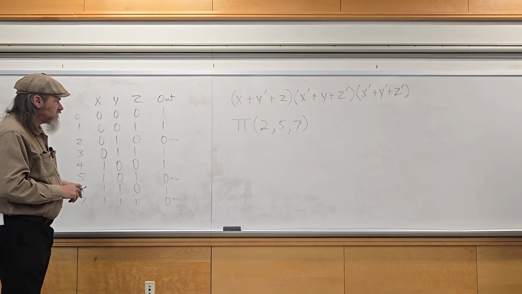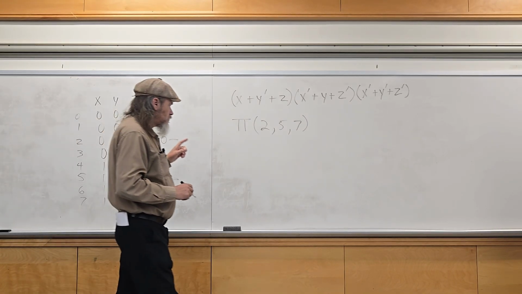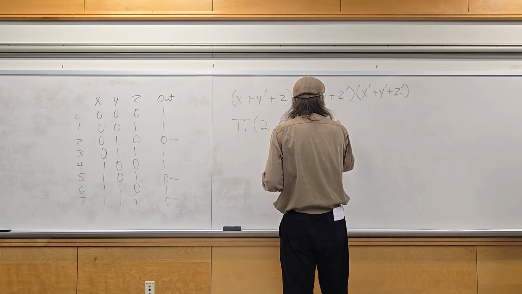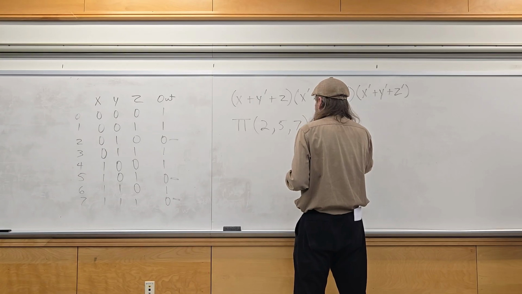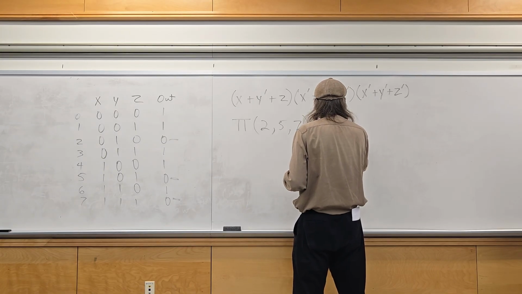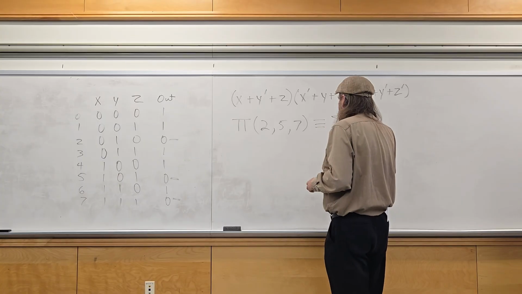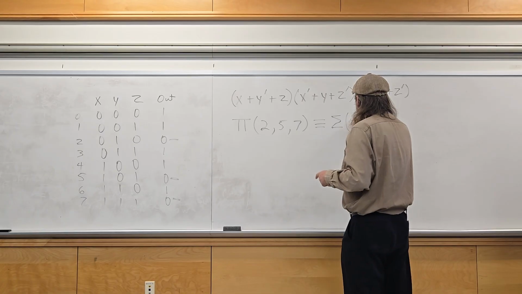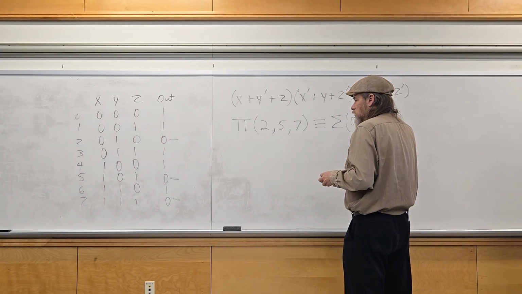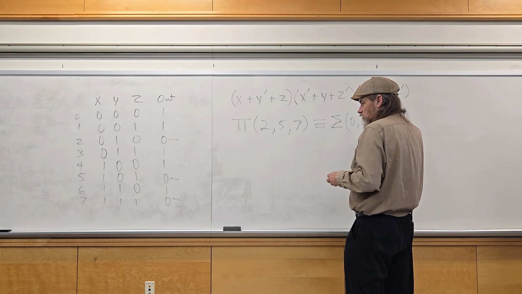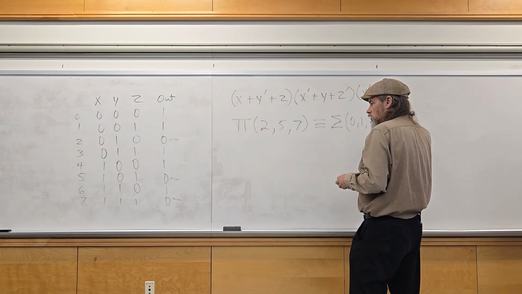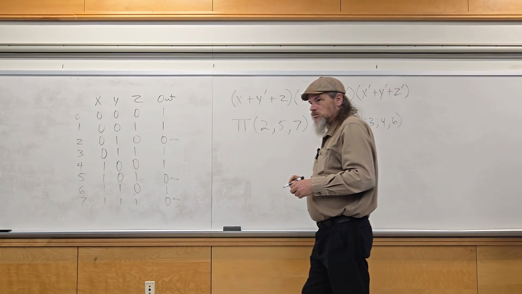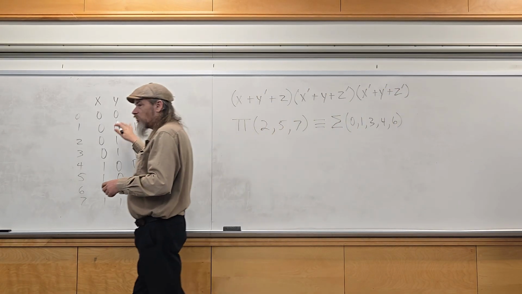Or you could do it as a sum. This is the equivalent to the sum of 0, 1, 3, 4, 6. Because those are where the ones are.